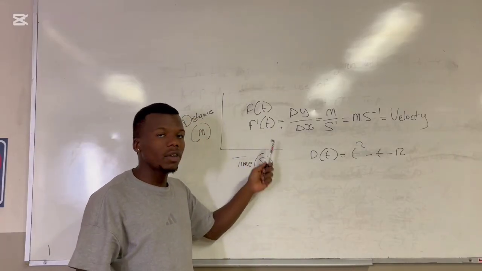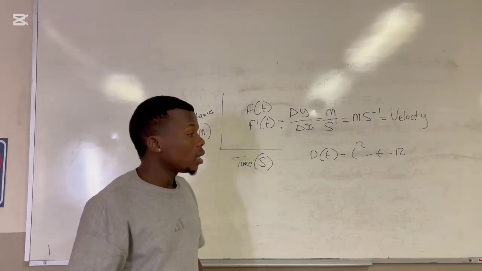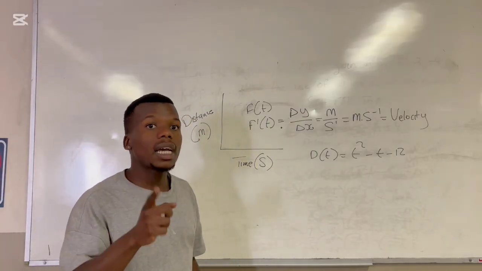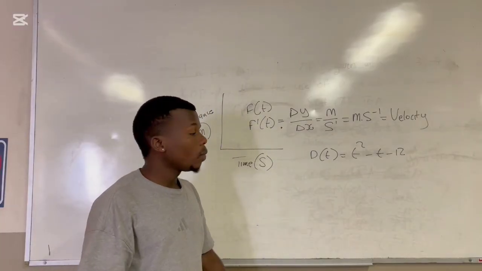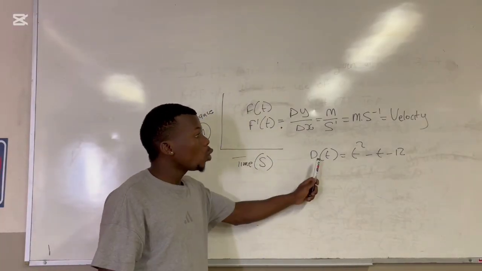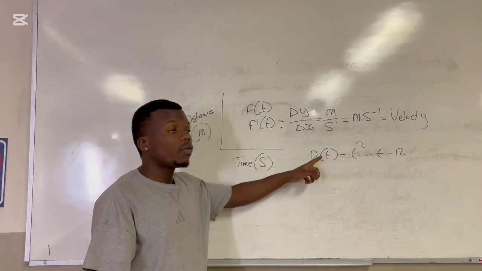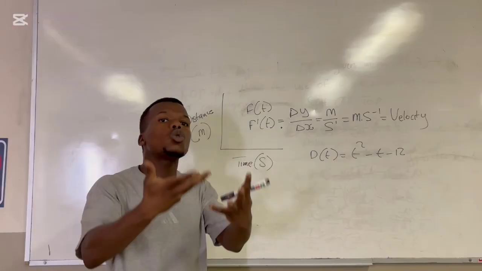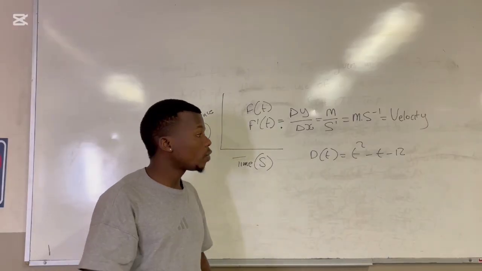Remember, you must derive. In other words, let's say now they ask you, determine velocity at time t equals 2. You are given a distance, and velocity is the first derivative of distance. In other words, you are going to derive your function in terms of t.